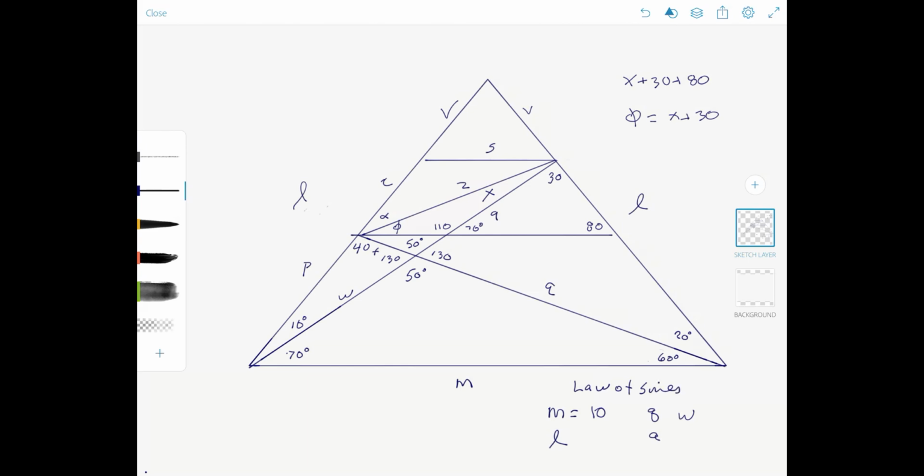I assigned an arbitrary M equals 10. And what that does, then I can find L using trigonometry, and I can find Q and A and S, W, all using the law of sines. So that's what I did.